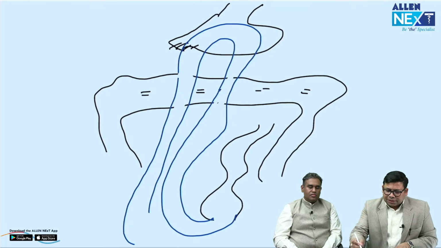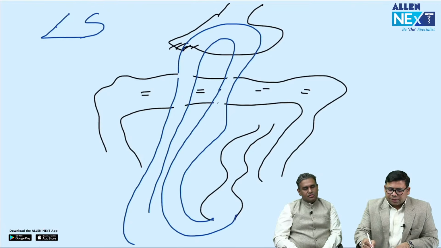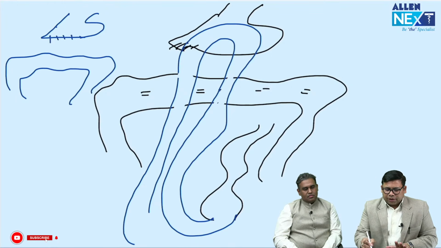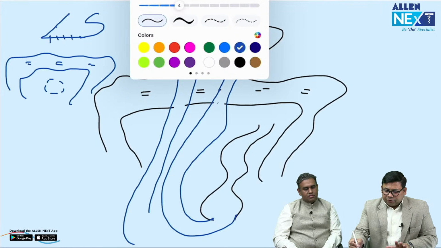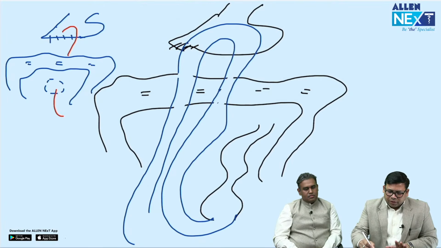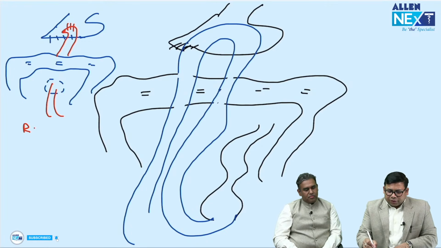So if I do the same thing, suppose this is the gastrectomy site, and this is the transverse colon, and I make a window in this and take the jejunum, or suppose I want to do a Roux-en-Y gastrojejunostomy like this, what is this, students? Retrocolic.